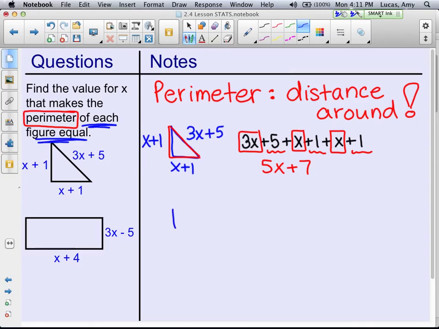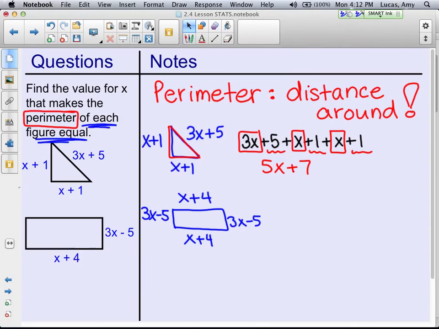My other figure is this rectangle, and it says x plus 4 and 3x minus 5. Well, I'm sure you all remember that opposite sides are equal in a rectangle. So I've got another x plus 4 and another 3x minus 5. Just because they didn't write it in, it doesn't mean that there's only 2 sides on that rectangle.